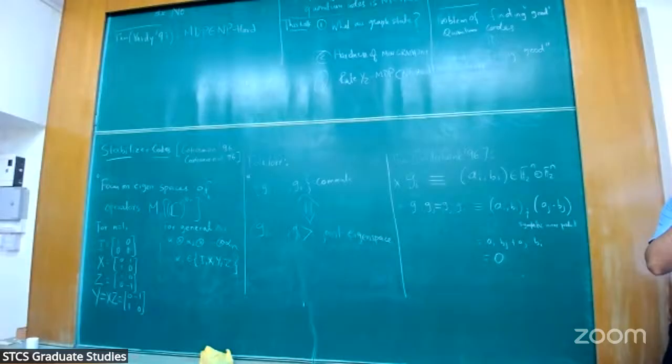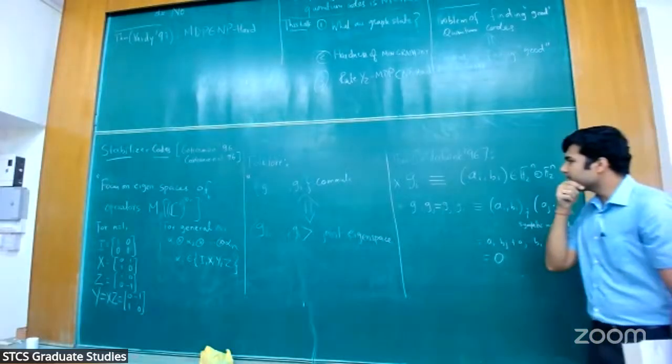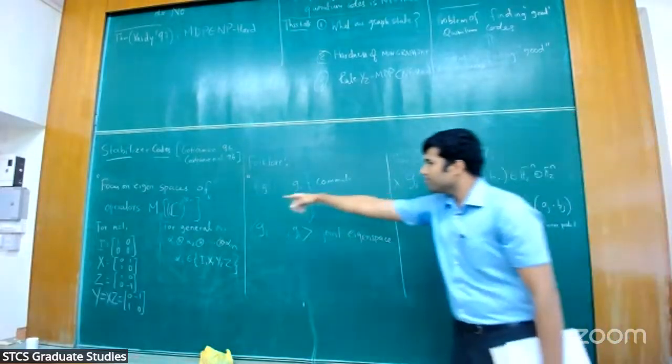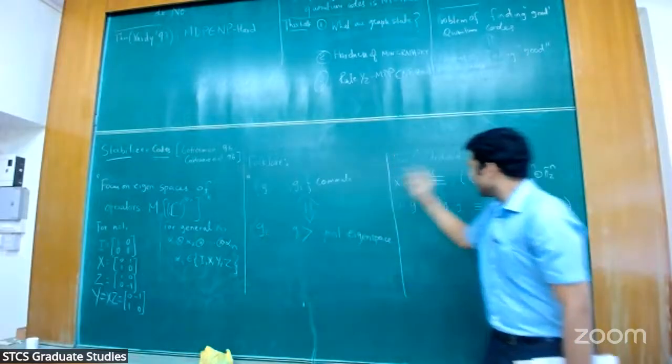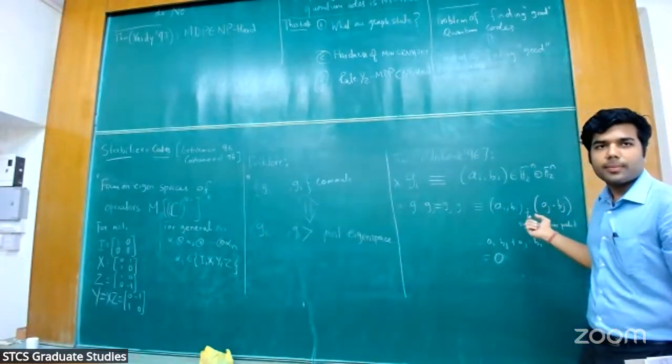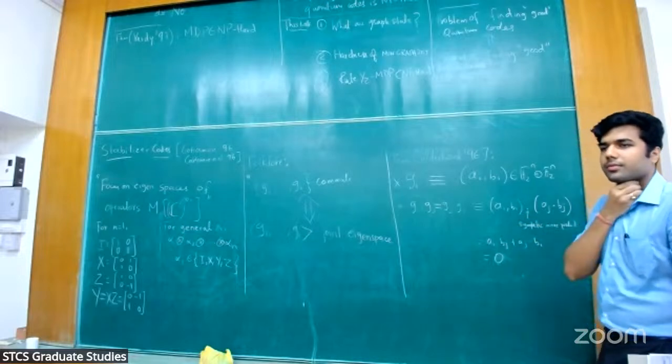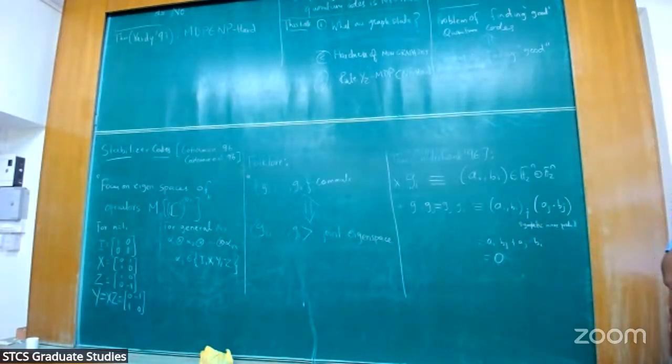Like, if something is true, then these things are true. So if you're taking g_i from this set of vectors, then you can write it like this. It's an isomorphism from these matrices to F_2^n cross F_2^n, in some sense, so that two matrices commute if and only if the corresponding symplectic inner product is zero.